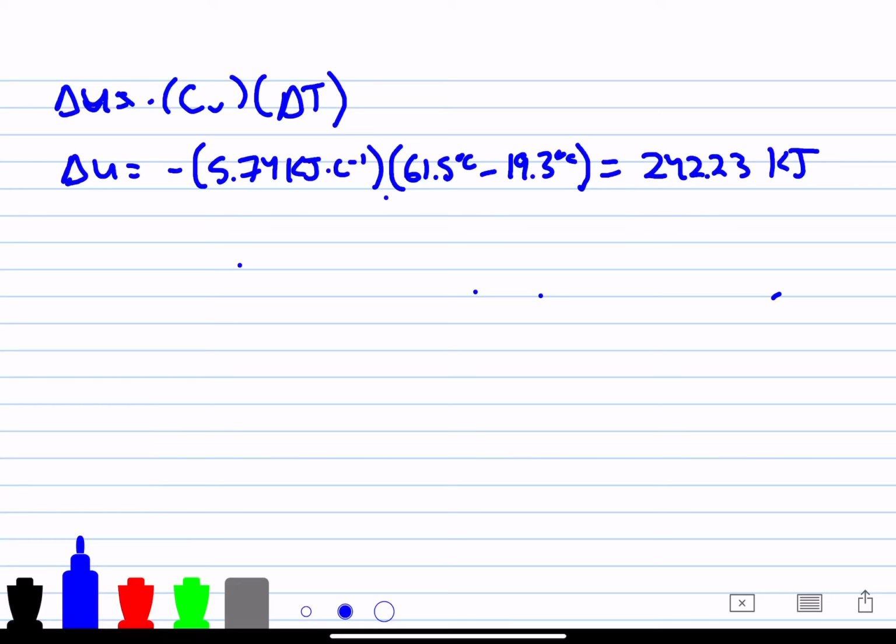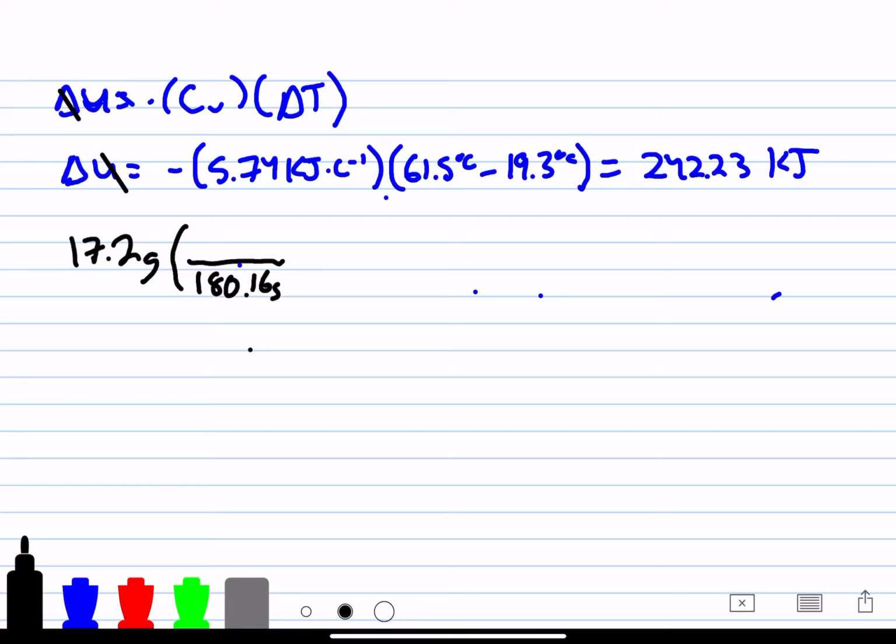So the next step is to find out how many moles of glucose we burn by burning 17.2 grams. So 17.2 grams of glucose, 180.16 grams is 1 mole.